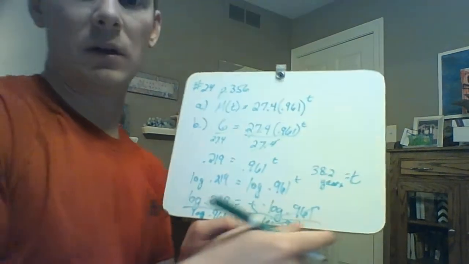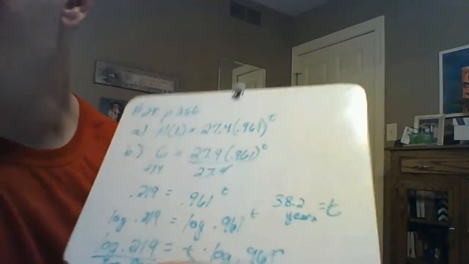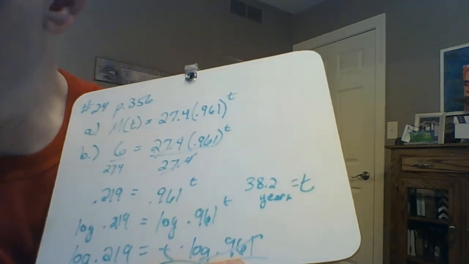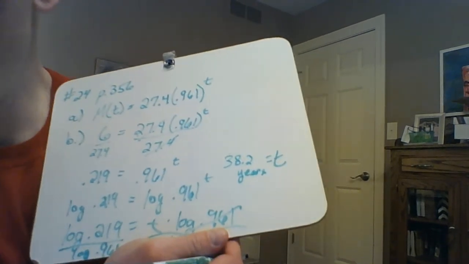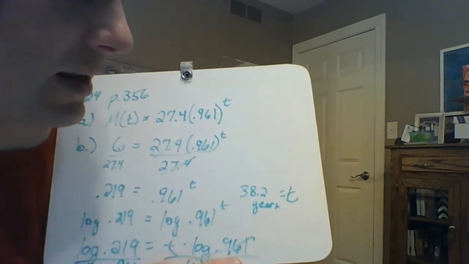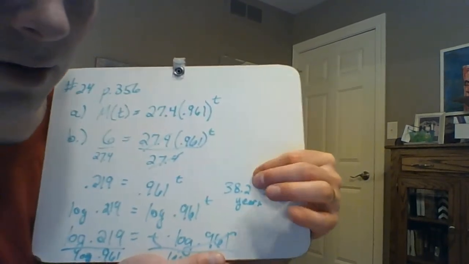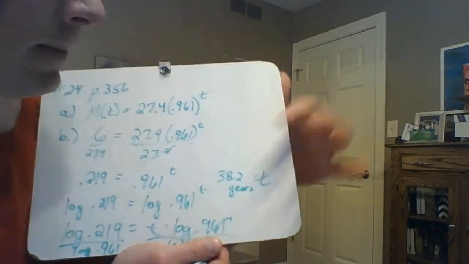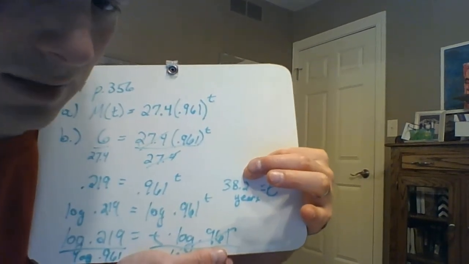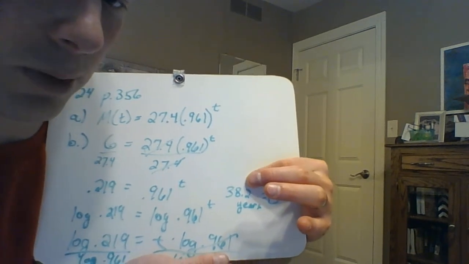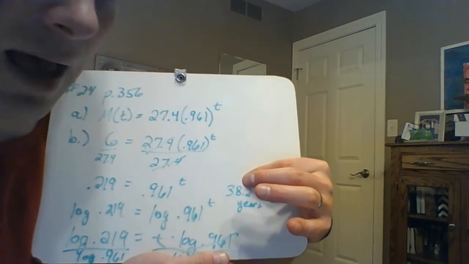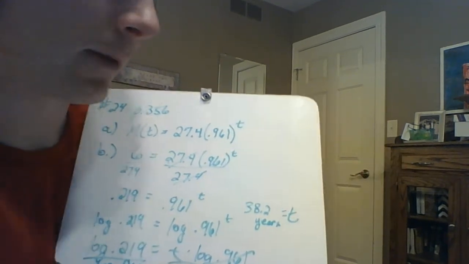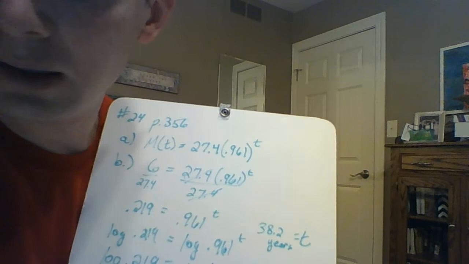Now you're going to have to be a little discerning with an answer. Make sure it answers the question. They're asking us in what year will it have dropped to that? Well, that's not telling us a year. We have to know that this model started in the year 1970. This is how many years after 1970 we're going to be at 6 gallons per person. So we have to add that to 1970, which takes us to approximately the year 2008. So our answer would be the year 2008 in part B.